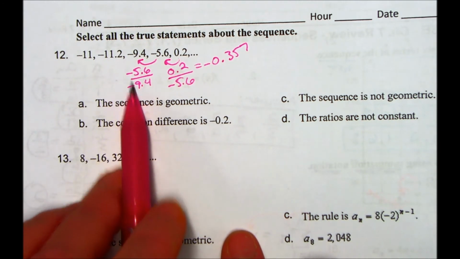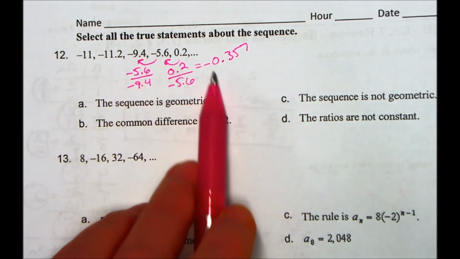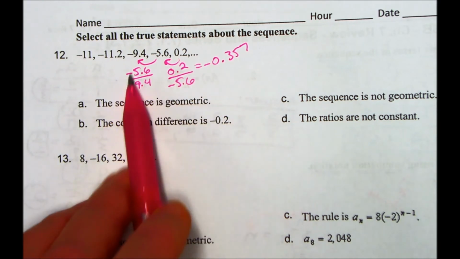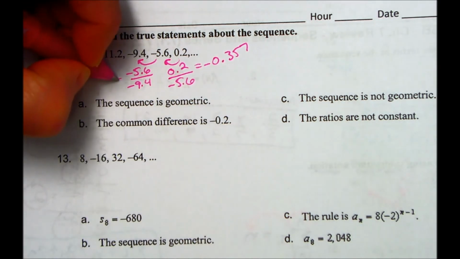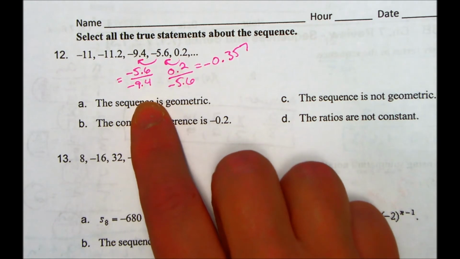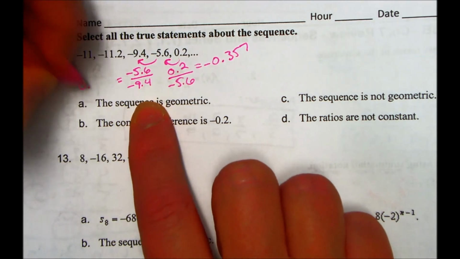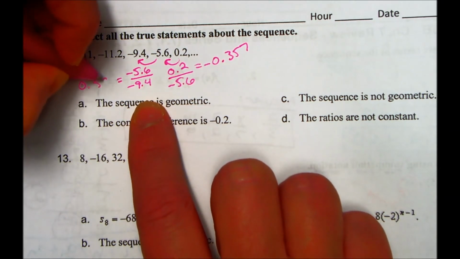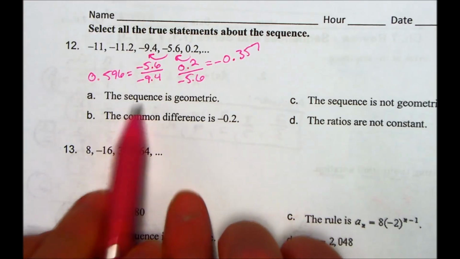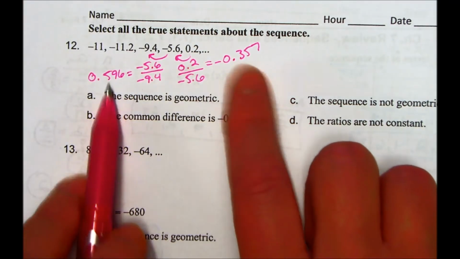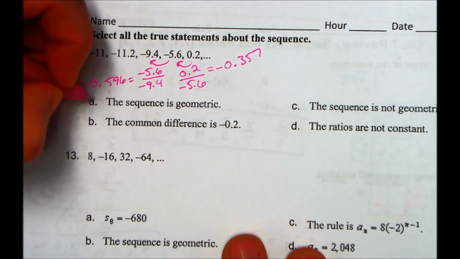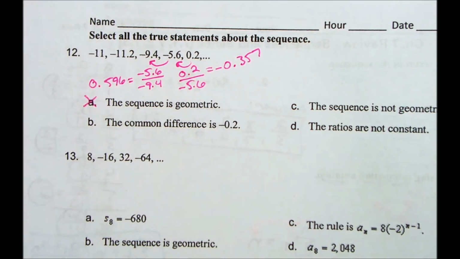So that is definitely not geometric, because here I got a negative value, here I'm going to get a positive value. If I plug it in the calculator, I would get a positive 0.596. They're not even close to being the same. So we can cross out A.